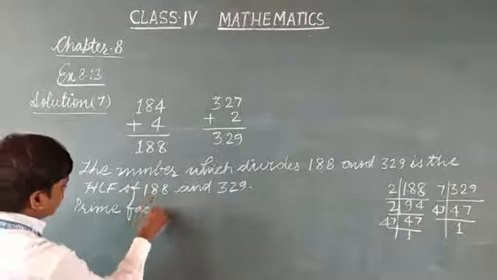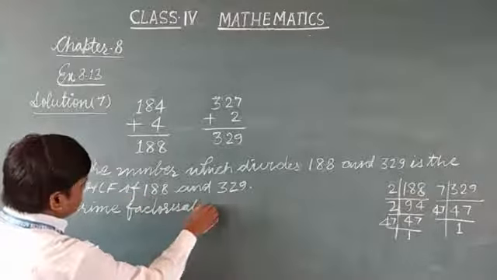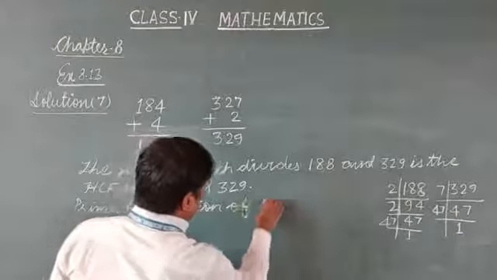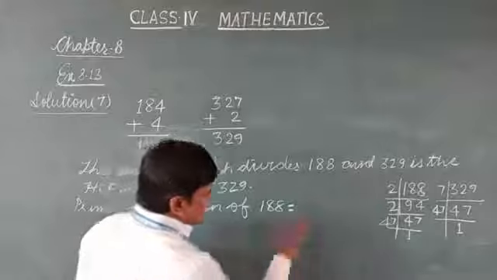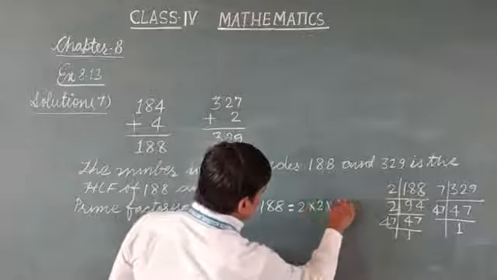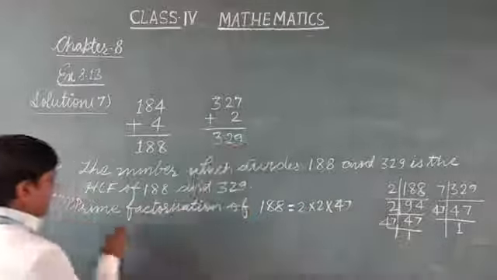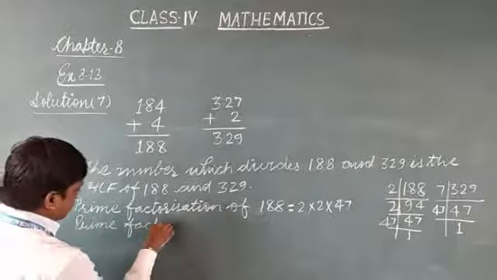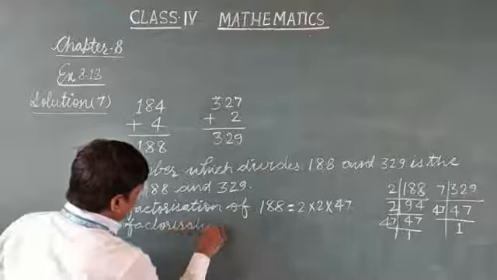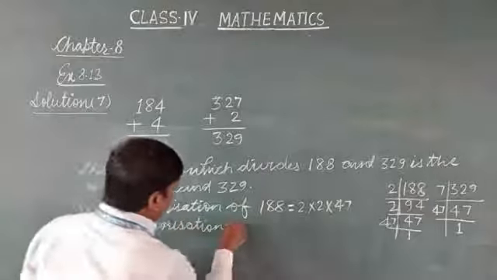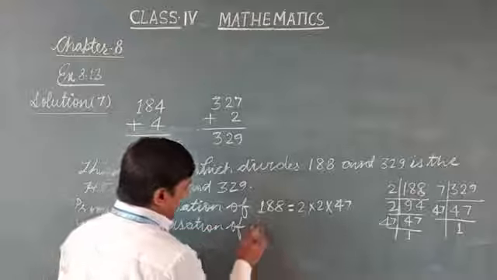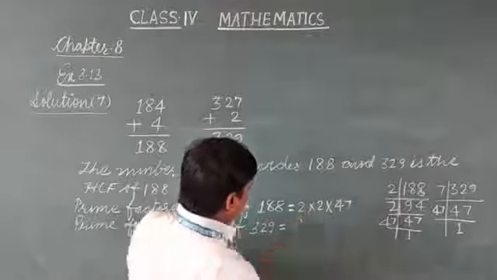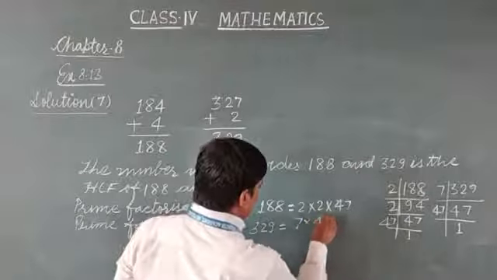So we write the prime factorization of 188. It will be 2 into 2 into 47, and the prime factorization of 329 will be 7 into 47.